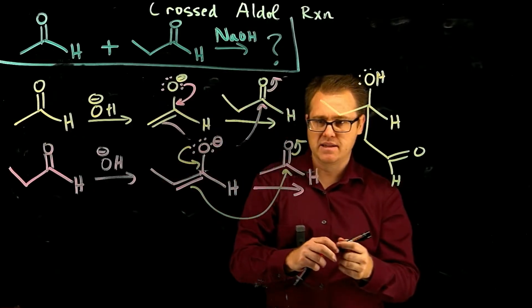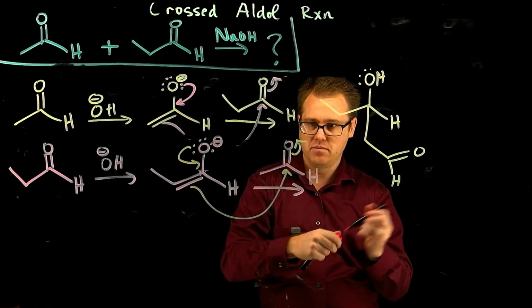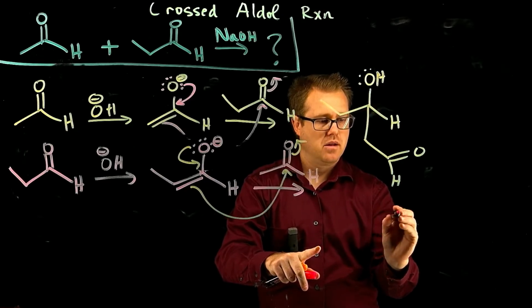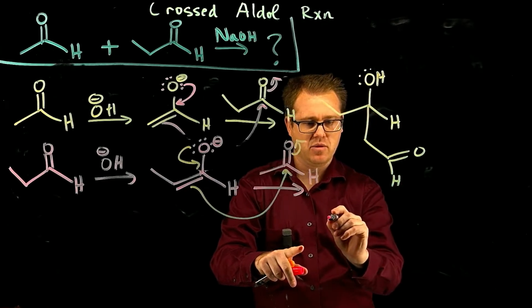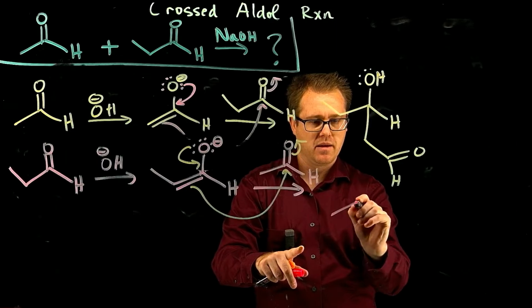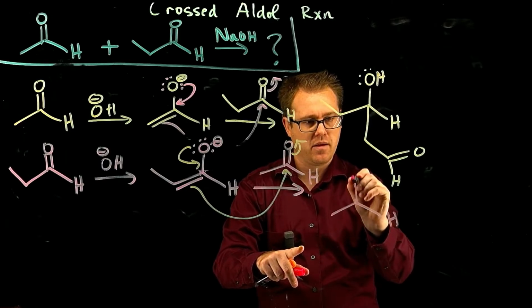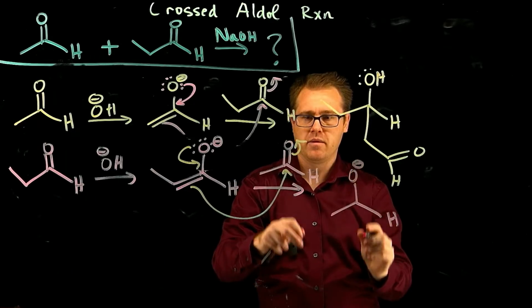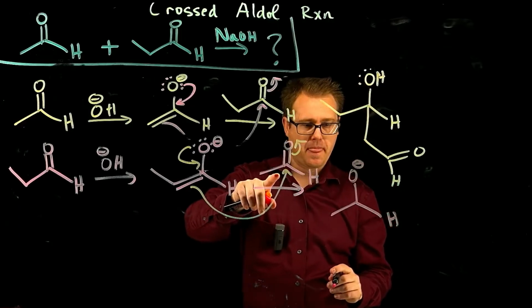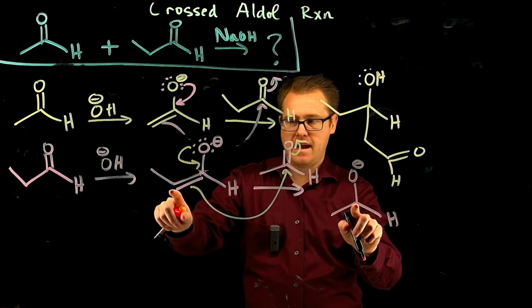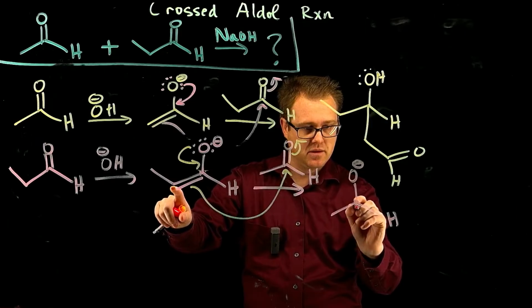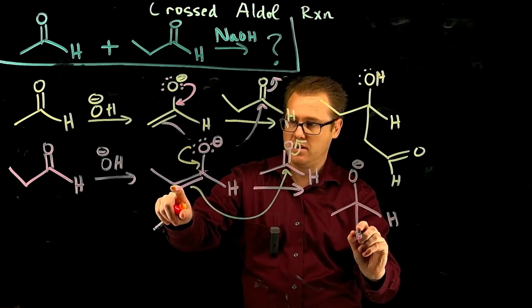So I'll just stay consistent here. I'm going to draw this one. And I'm not giving myself the most space. Okay. And then attached to that is this alpha carbon. So there's that carbon.